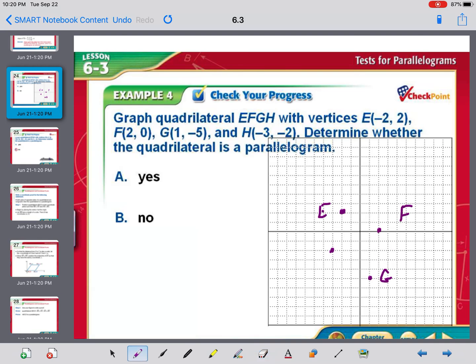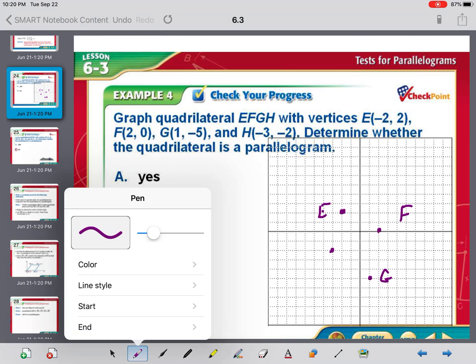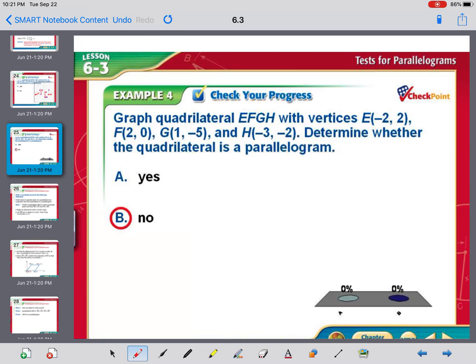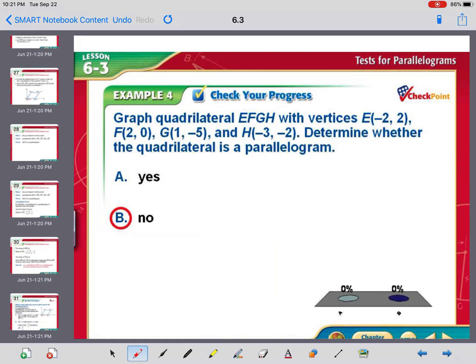I'm going to move my F letter because I just don't want it in that place. So here's what I'm going to show you. This is pretty quick. These two sides here, if you rise 1, 2, 3, 4, run 1, slope would be 4 over 1. Rise 1, 2, 3, 4, 5, run 1, slope would be 5. Are those parallel? No. Answer B.